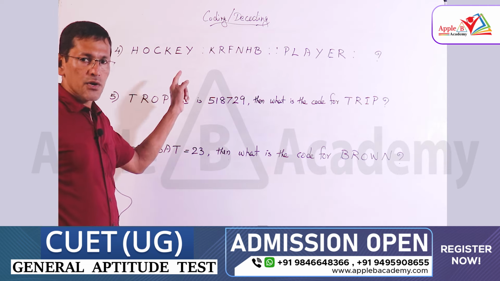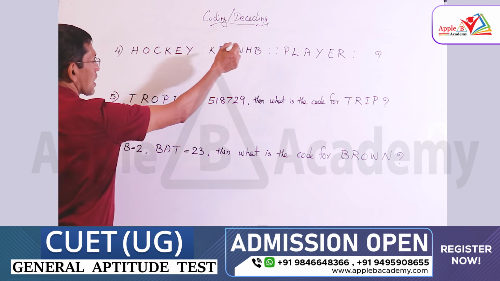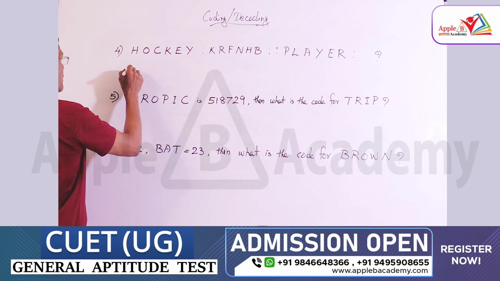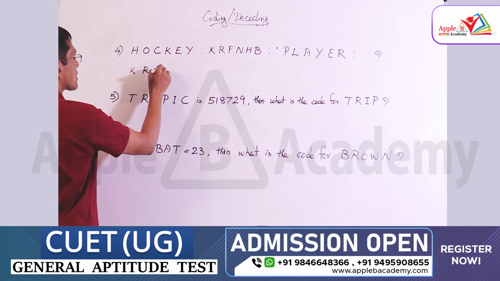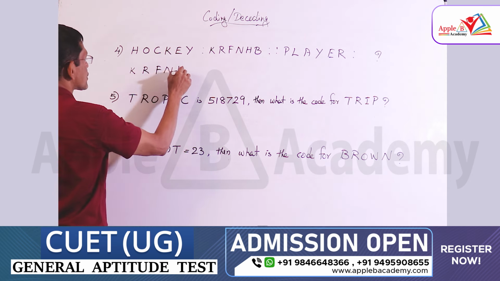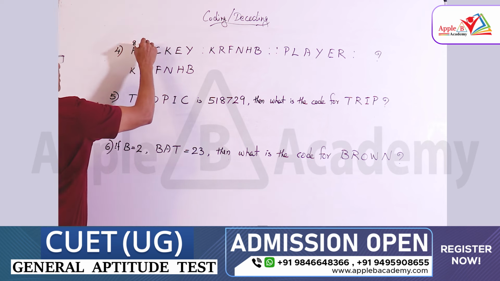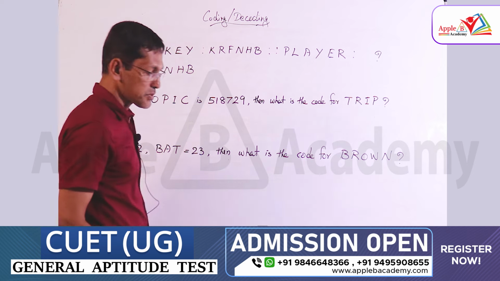Okay, let's quickly go through a few more questions right here. So hockey is called KRFNHB. The code for hockey is KRFNHB. Position values: H is 8, O is 15, C is 3. What is the position value of K?